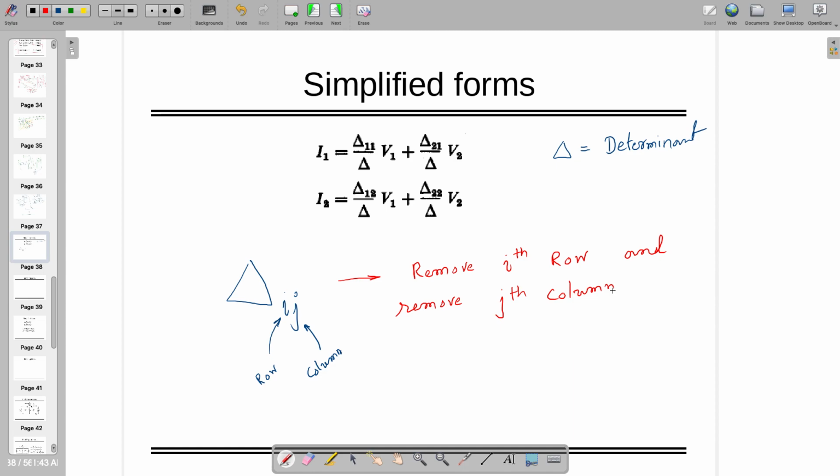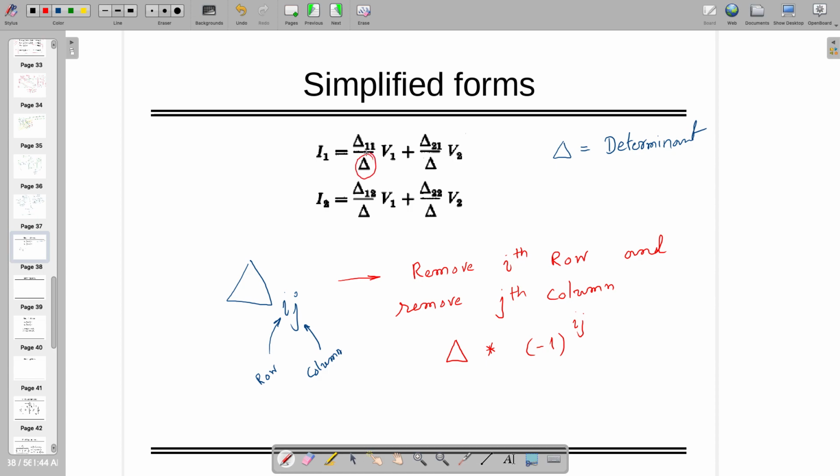Whatever is left, find out the delta and multiply that with minus 1 raised to i plus j. Okay, I will repeat. The most important part here: finding delta is not a problem.